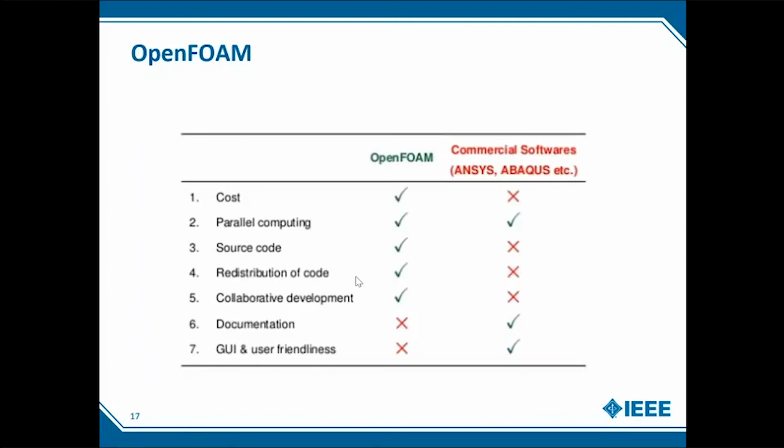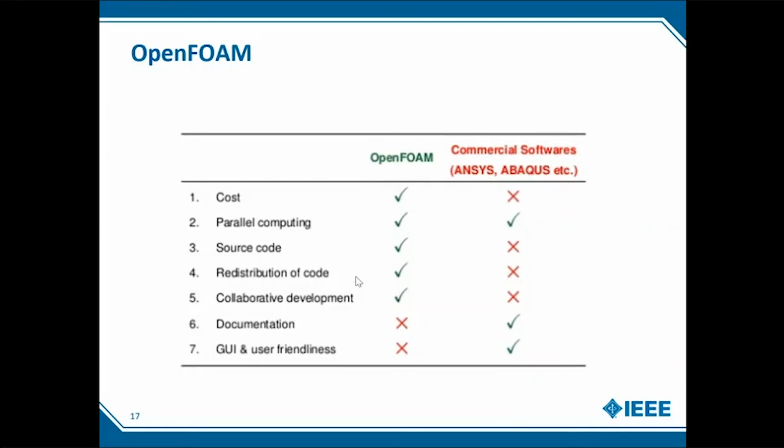So just as a comparison, OpenFOAM, as I said, is free of cost, which other commercial software is not. And parallel computing is possible in both OpenFOAM and commercial software. Your source code is the code in the background which is running. All the source code here is the governing equation which has been discretized, and that is running in the background. Now if you have simulated an Ansys Fluent problem, you honestly can't tweak the governing equations.